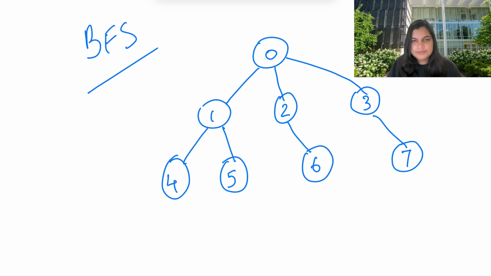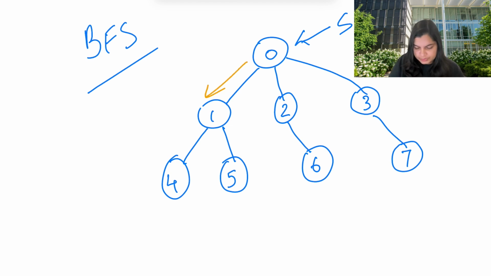Now, whenever we're traversing BFS, this is our source node. From the source node, you have to visit the neighbors first. So the way your path is going to look, let me use a different color for the path. First, you go here.